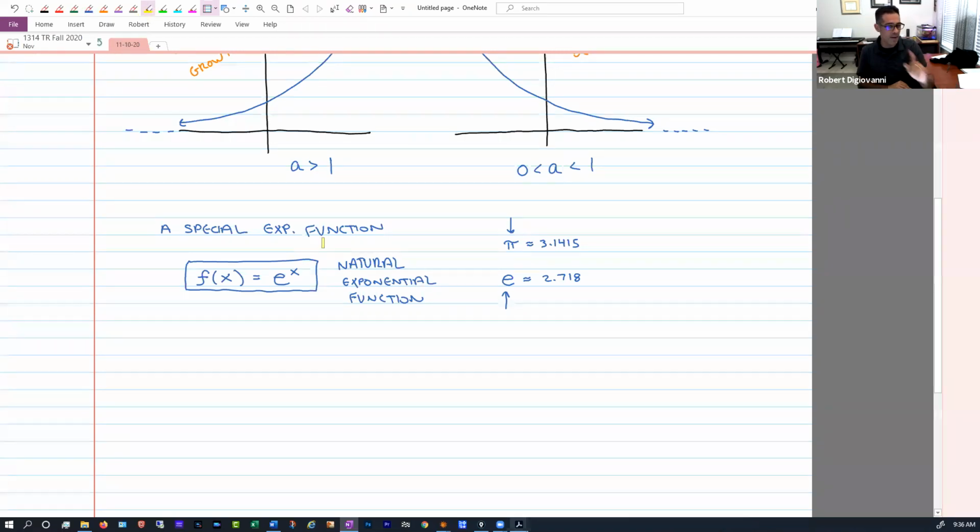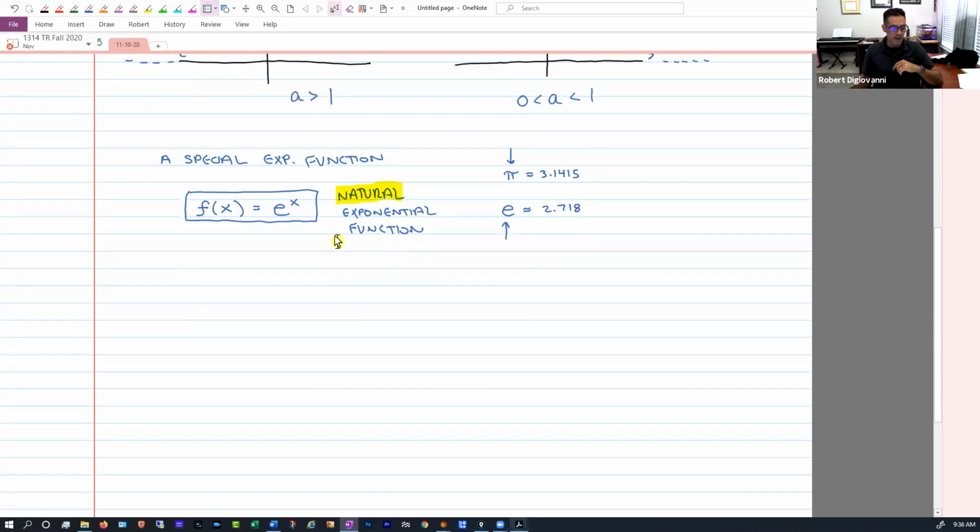This is the only one that behaves this special way. So we give it the name natural because it just naturally occurs that that's the function that behaves the way we wanted it to. You would have to take calculus to understand the true beauty of this function. But we're just here to make sure you understand what it is and what it looks like.